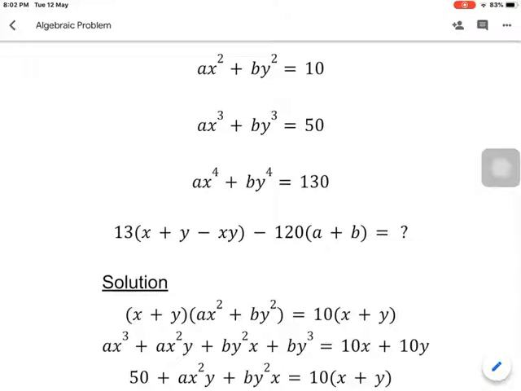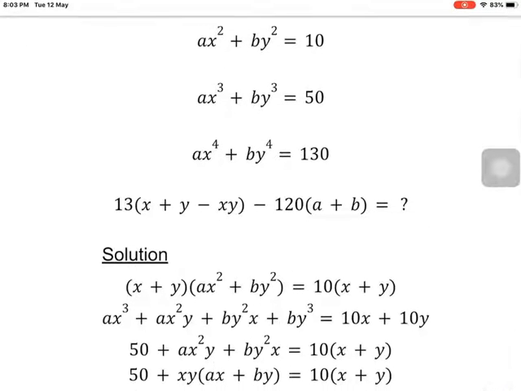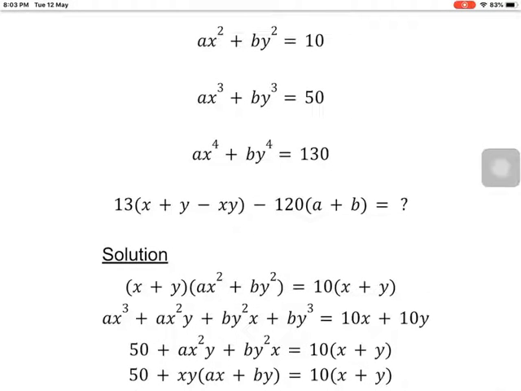Now, on the left hand side of the equation, we take the second and third terms and factorize out the common terms and leave the other terms in the parentheses. So 50 plus, we factorize xy, which are the common variables in both the second and third terms.